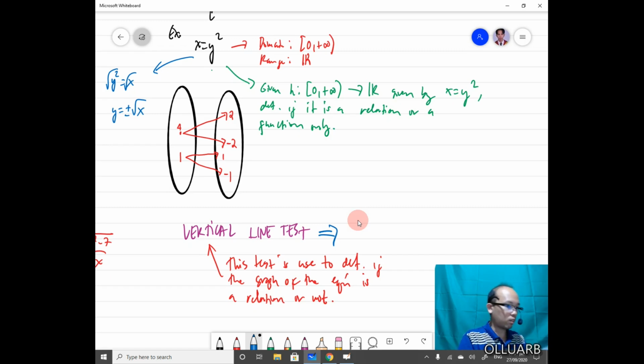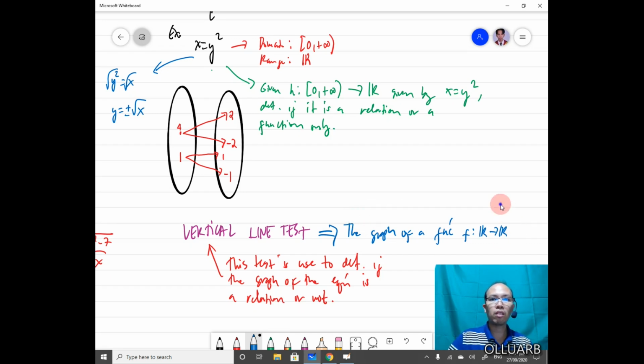Let me put it here. The graph of a function f mapping from this, you graph the function in the Cartesian plane.